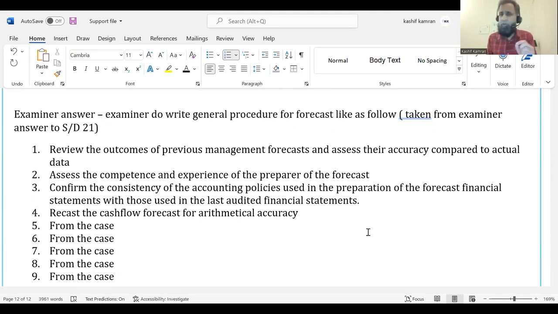I think the examiner would not like an answer where 5 procedures are from the case and 4 of them are rote learned. You need to reduce the rote learned content. My suggestion is a maximum of 2 rote learned procedures when you're developing a list of 9.